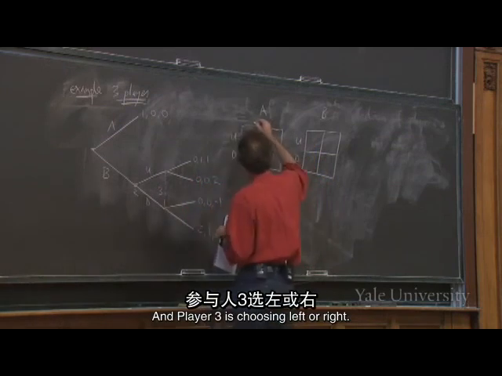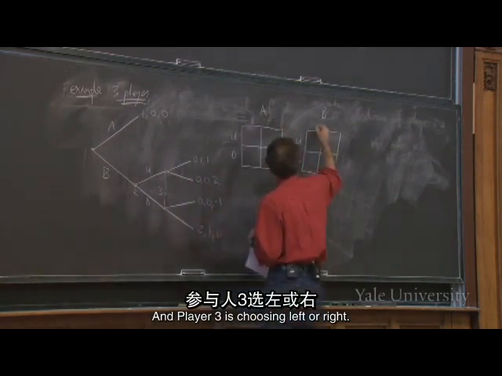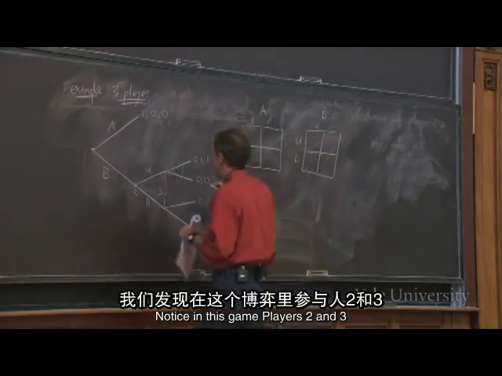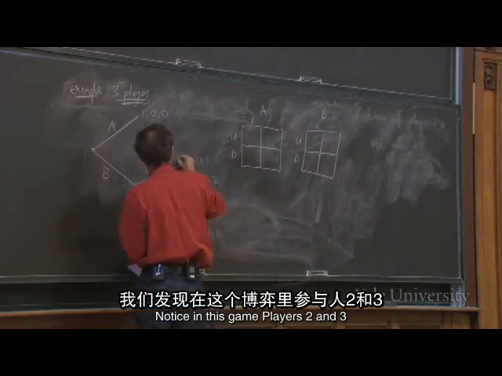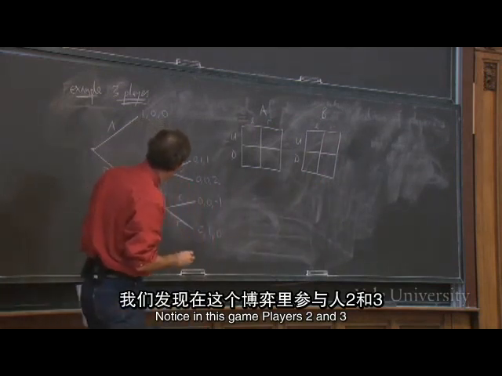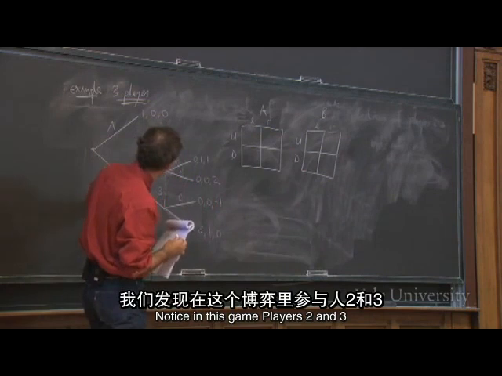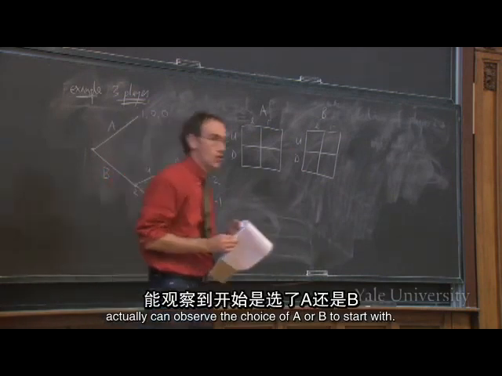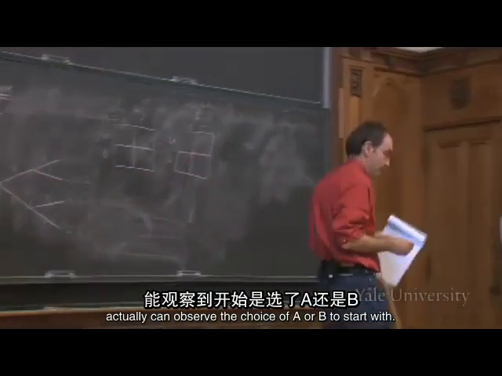And player 3 is choosing left or right. And notice in this game, players 2 and 3 actually can observe the choice of A or B to start with.